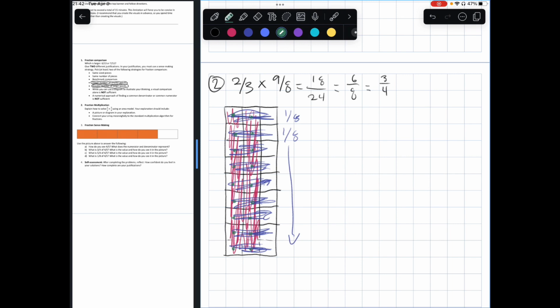So right now we have our numerator. Our numerator is 18. But we need to know how many pieces there are in total. And a good way to do this is to count all the squares again, but every single square this time. We already know that these squares are 18 squares.